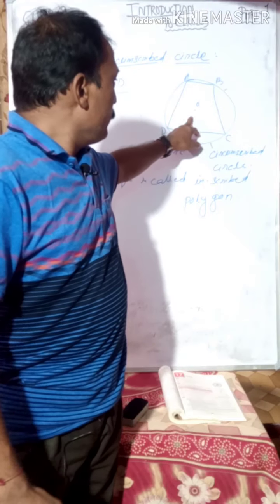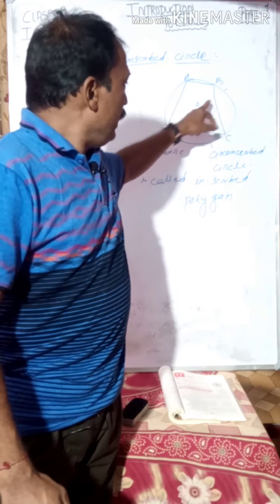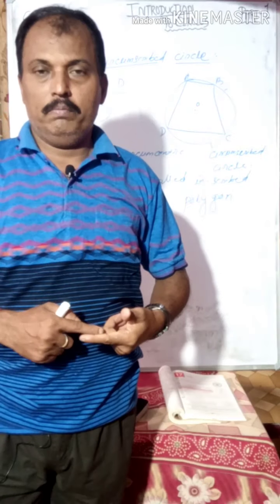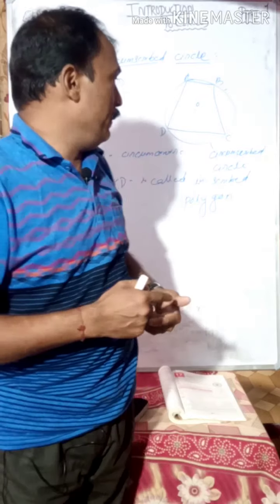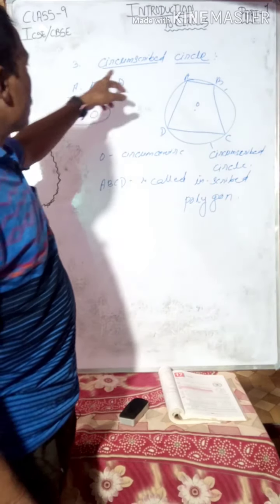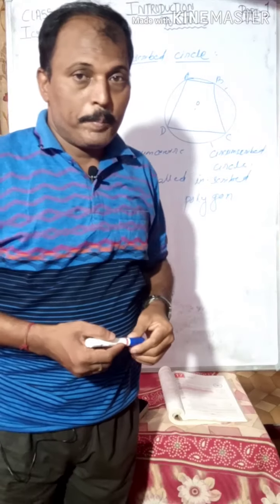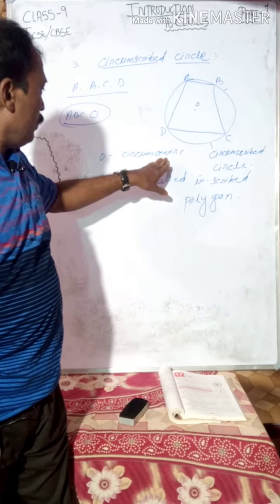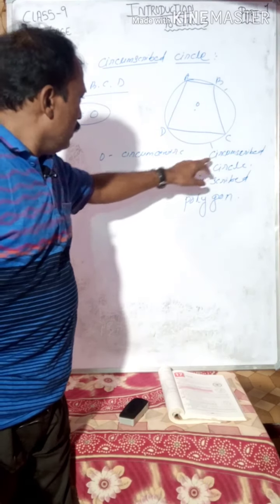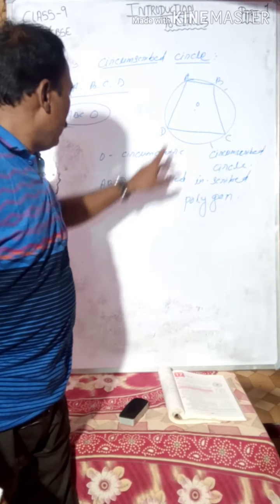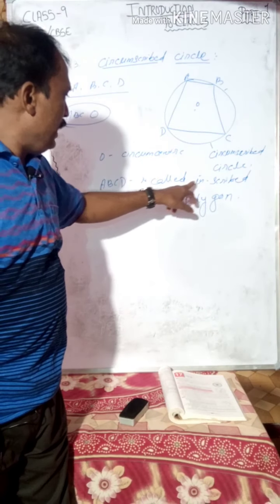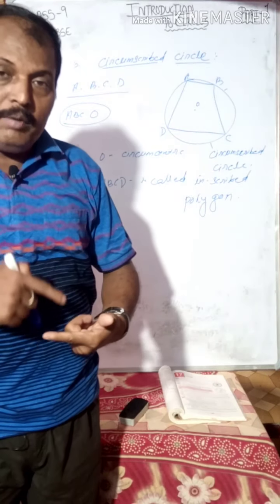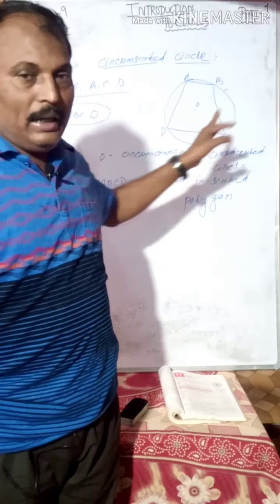The center of the circumcircle is called the circumcenter, and this polygon ABCD is called the inscribed polygon of the circle. The circle is called the circumscribed circle of the polygon ABCD.